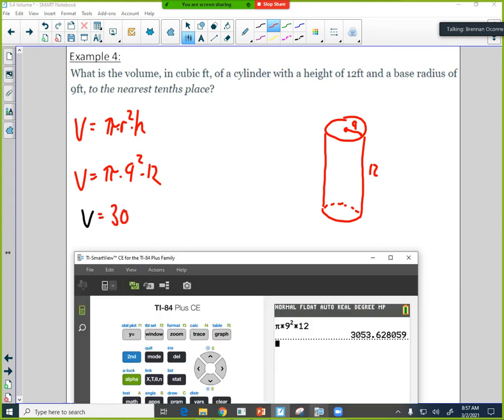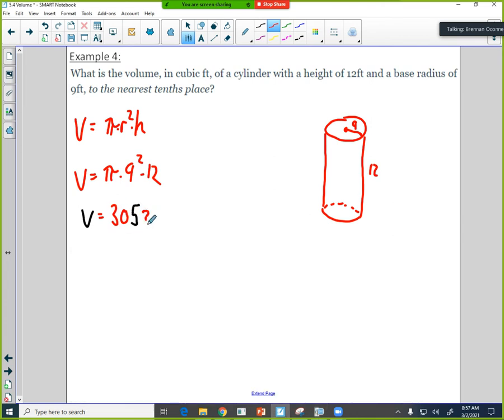I don't even remember what I just said. I said 53? Yep, 53.628. And we want to the nearest tenths, which is the first decimal place, right? It goes ones, tenths, hundredths, thousandths.